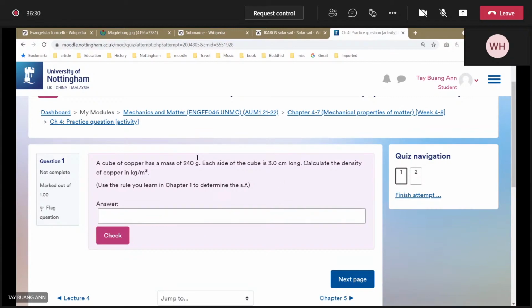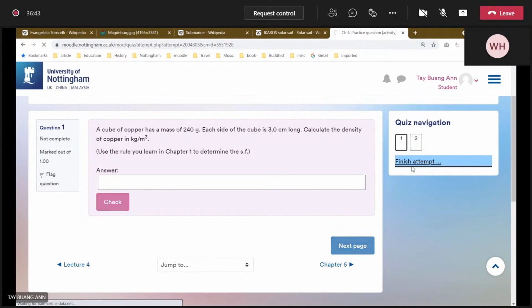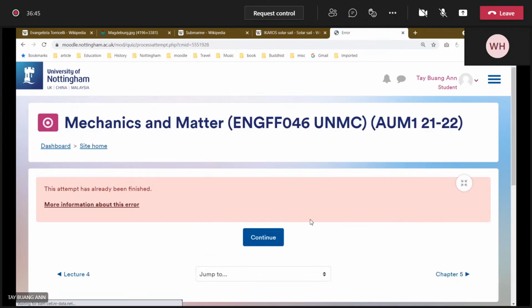There are two numbers here, 240 and 3.0. 3.0 has two significant figures, for sure. And 240 also has two significant figures.